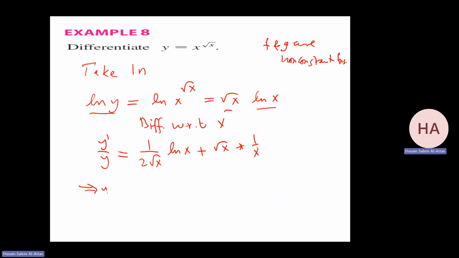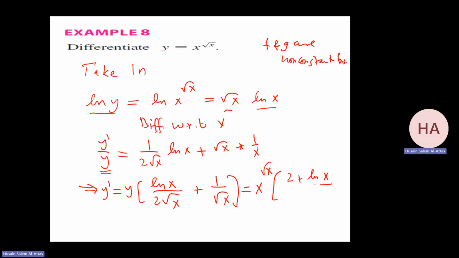Which means that y prime will be y times ln x over 2 root x plus 1 over root x, since x to the power half over x to the power 1 is x to the power minus half. I know y: y is x to the power square root of x. So I have x to the power square root of x times (2 plus ln x) over 2 root x. That will be my answer.